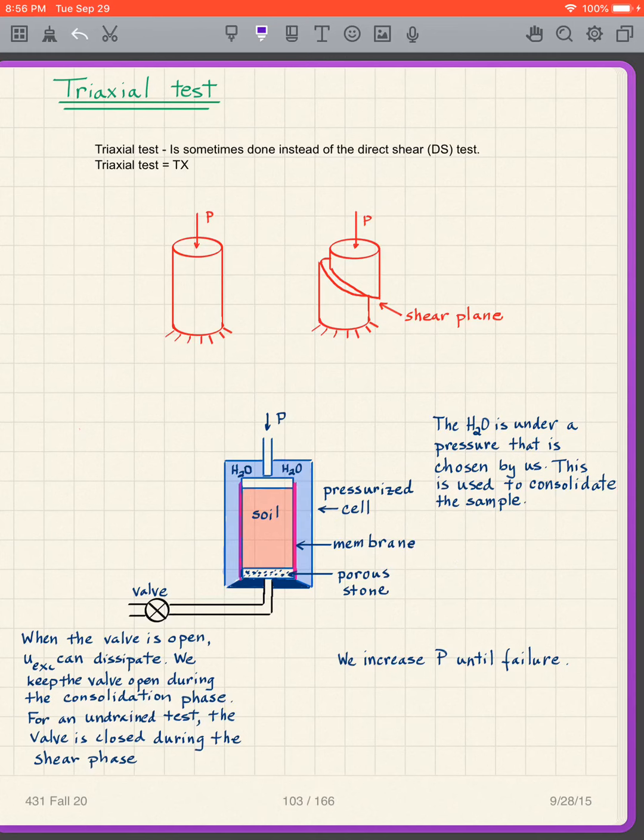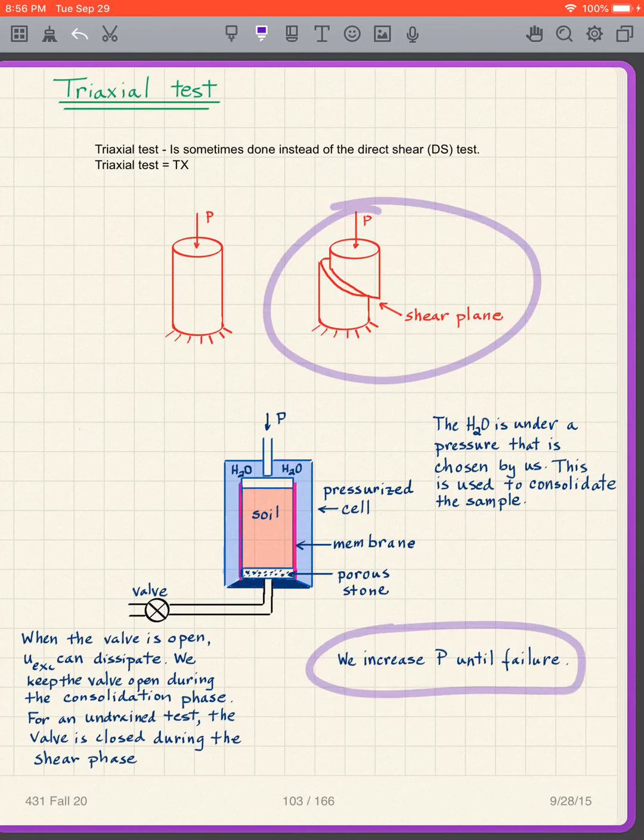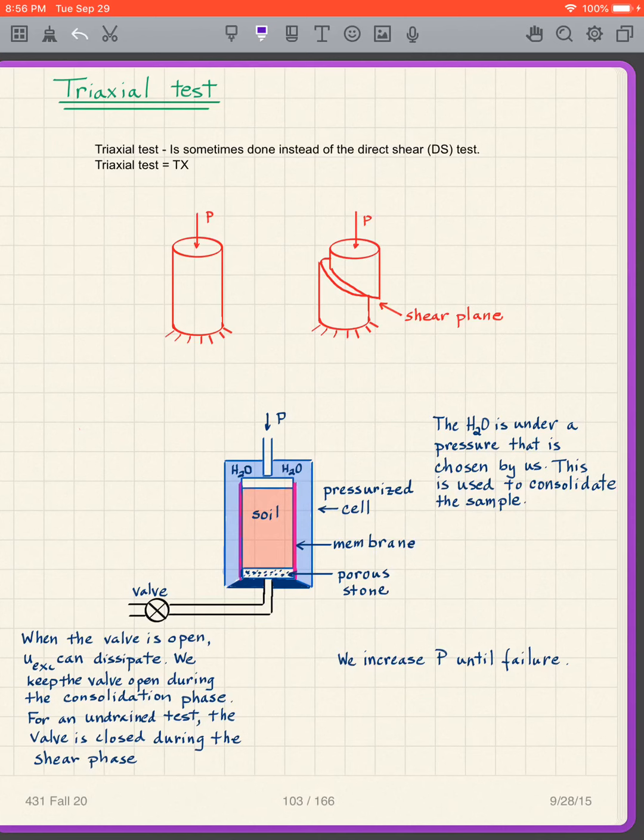Then we increase P until we get failure of the sample. The failure of the sample looks something like that. Now, when the valve is open, what does it mean? That means U excess can dissipate. We keep the valve open during the consolidation phase. Again, we have two phases, a consolidation phase and a shearing phase.